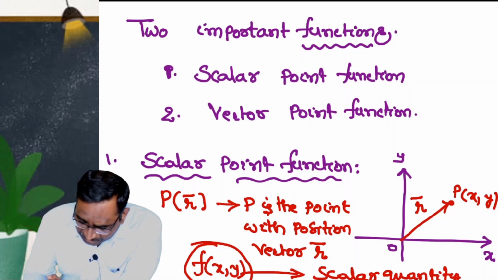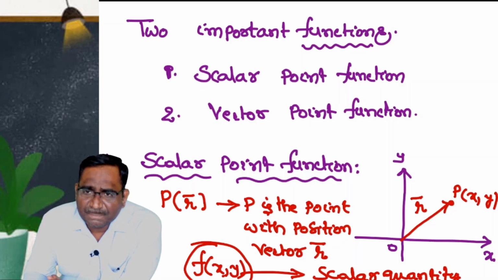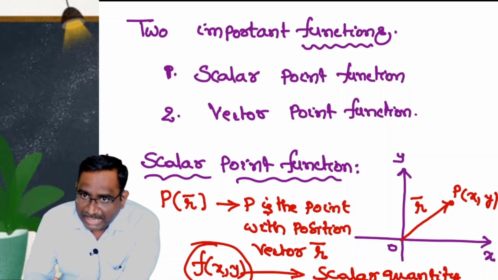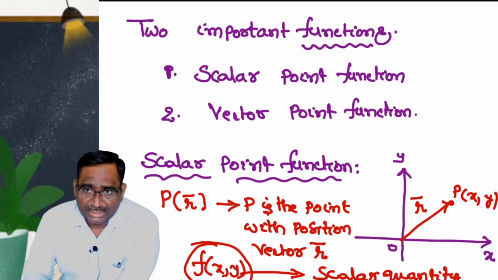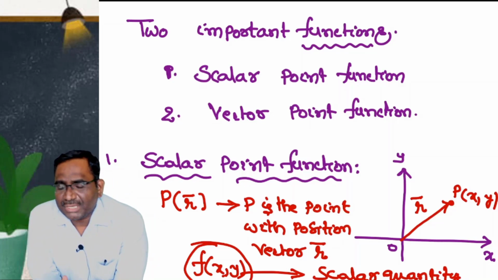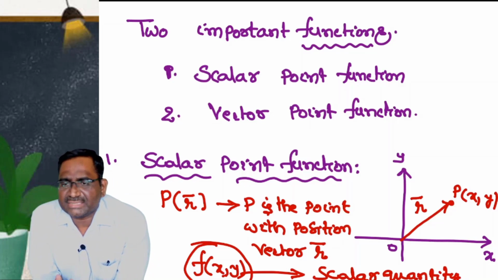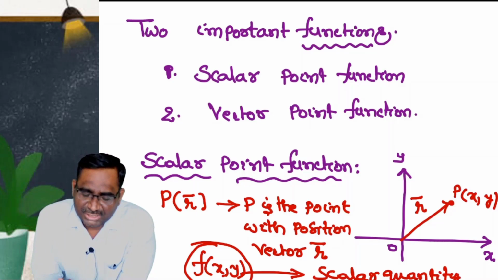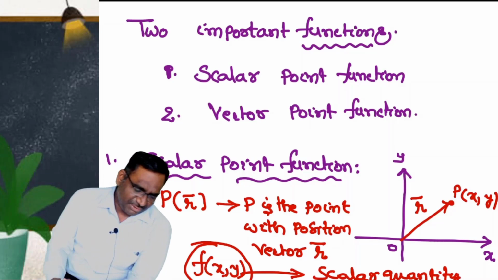And by the way, for every point in this coordinate plane, we have a position vector. So you have to remember that. From that function we are always getting a scalar quantity, then that function is called a scalar point function.